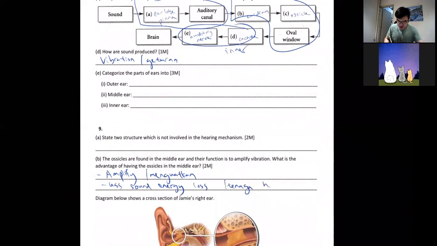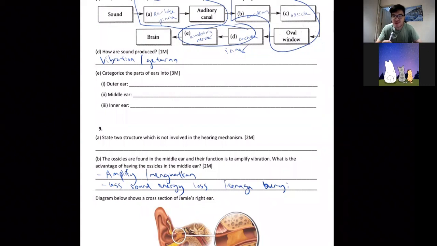When you transfer energy, there will be energy loss, but when our ear has those 3 bones, it reduces that loss. It keeps the sound loud. That's why you can hear something.